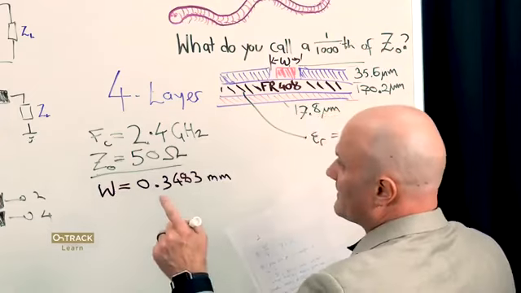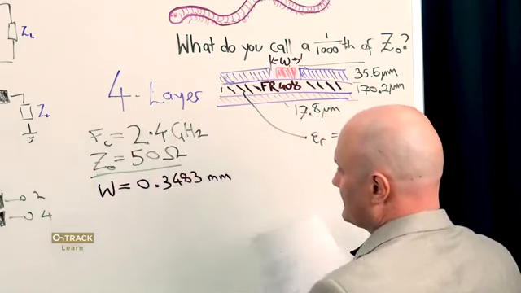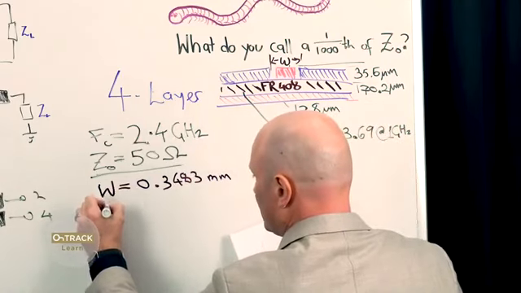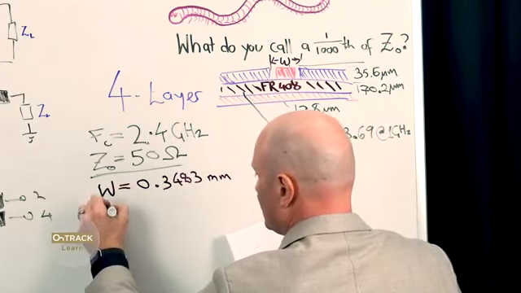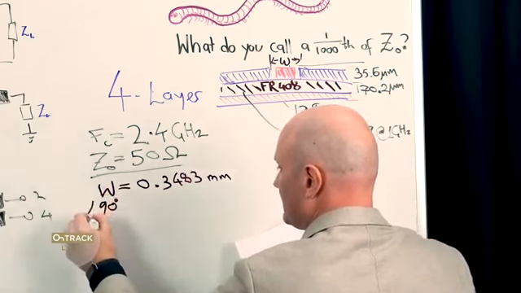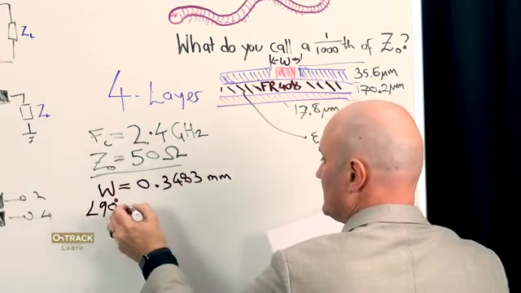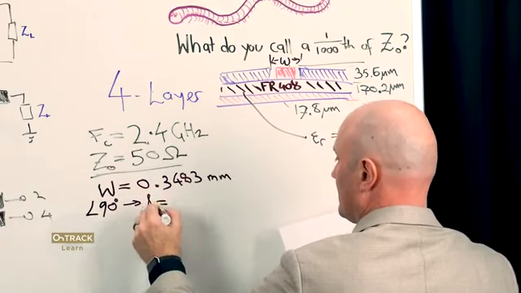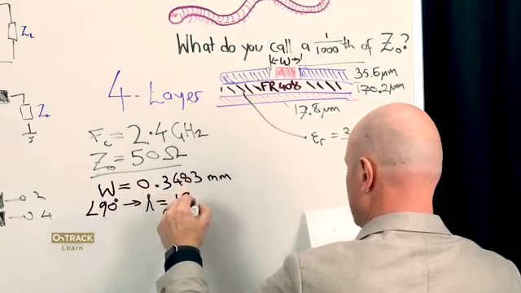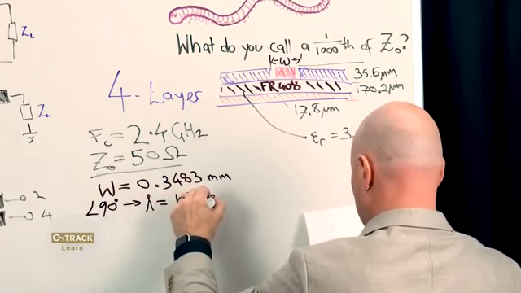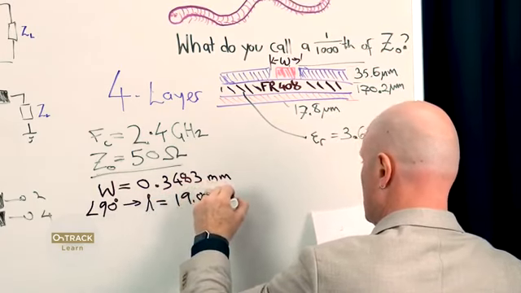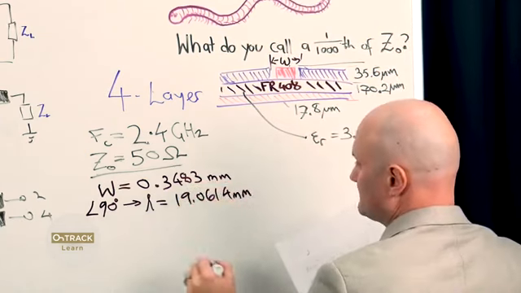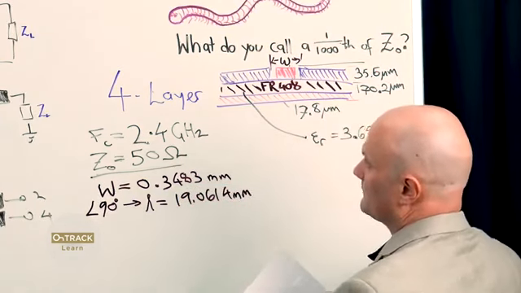But what I really want to know is what's a quarter wavelength? And so plugging that in as well, I get a 90-degree angle yields a length of 19.0614, and I'm using lots of decimal places because you want to be accurate with this kind of thing.